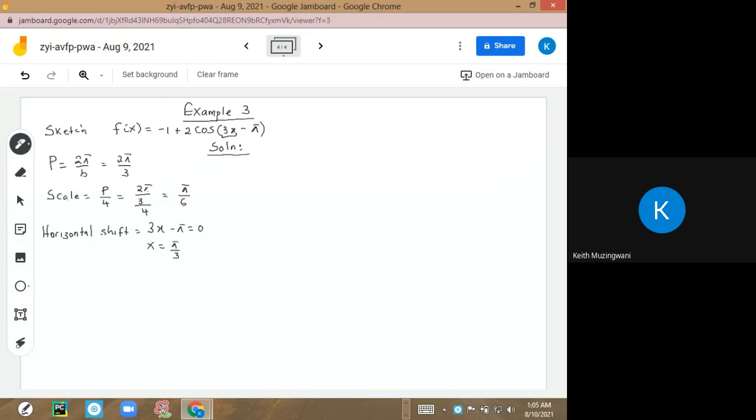So I want to put an interval. So starting from pi over 3, sketch from pi over 3 less or equal to x less or equal to pi.